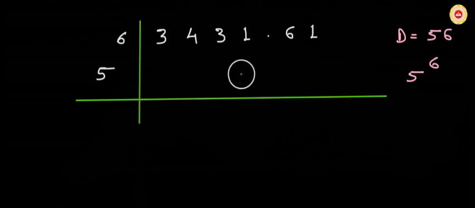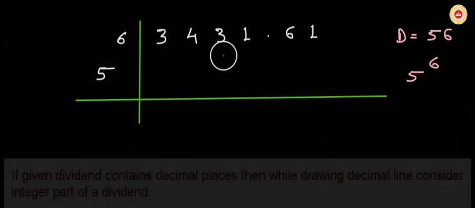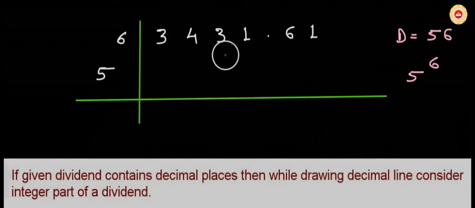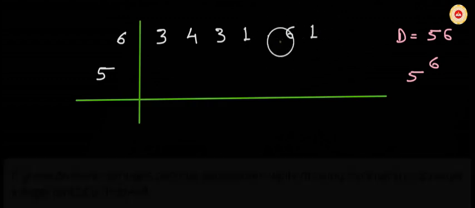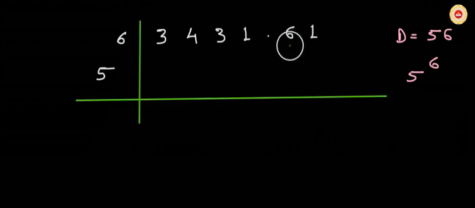Friends, important point: whenever the dividend contains decimal places, while drawing the decimal line, neglect the decimal part of the dividend and consider the integer part only. Let me repeat: neglect the decimal part and consider the integer part only.